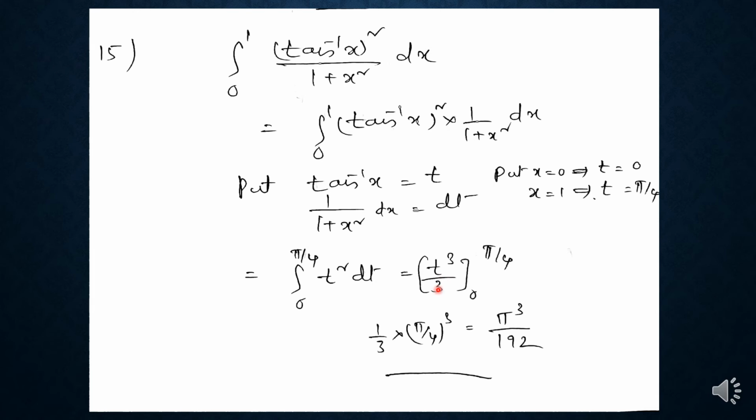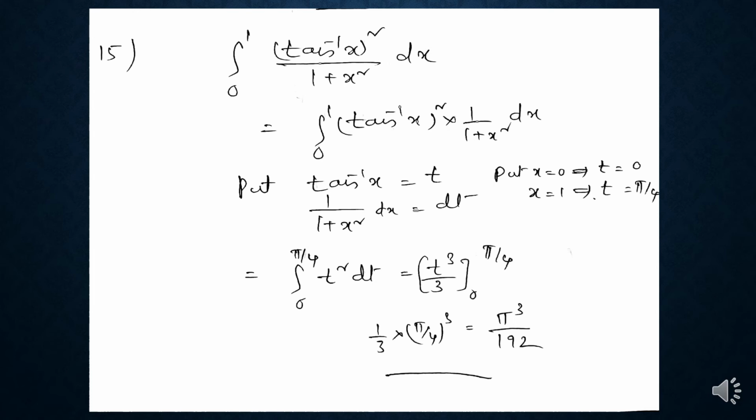So by applying the lower limit, this becomes 0. 1 by 3 into (pi by 4) whole cube, that is pi cube by 64. That is 1 by 3 into pi cube by 64, which is equal to pi cube by 192. So this is the result.